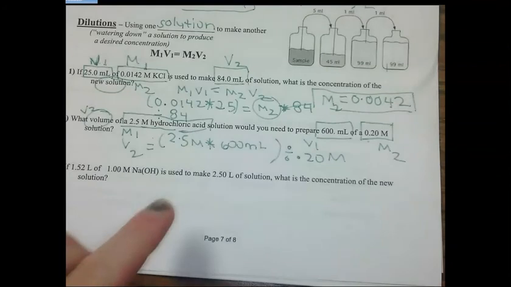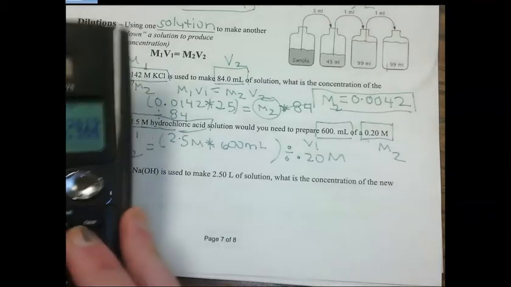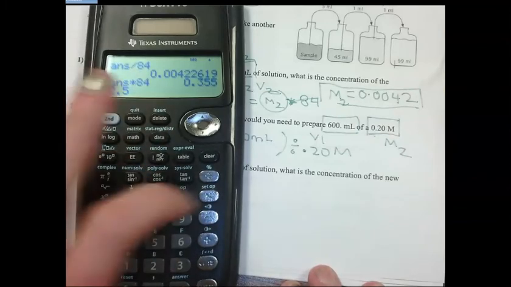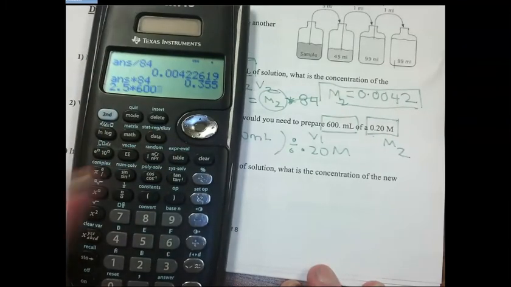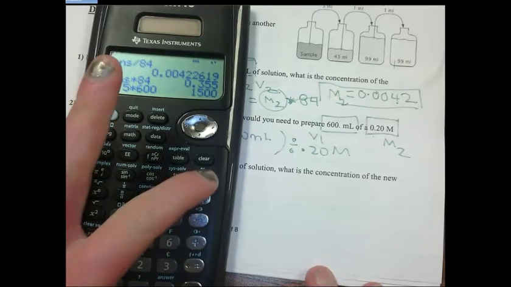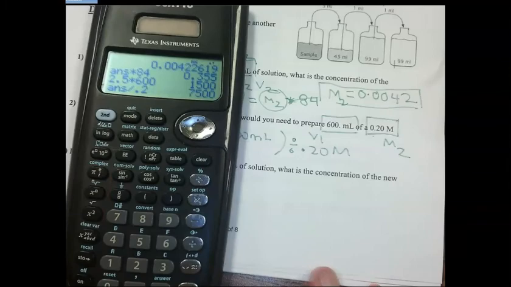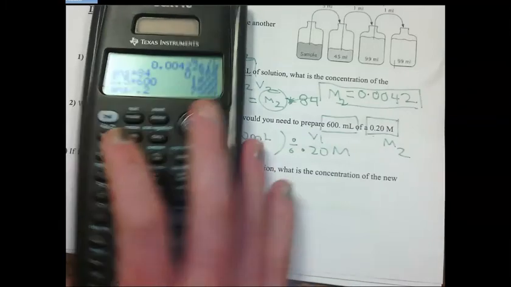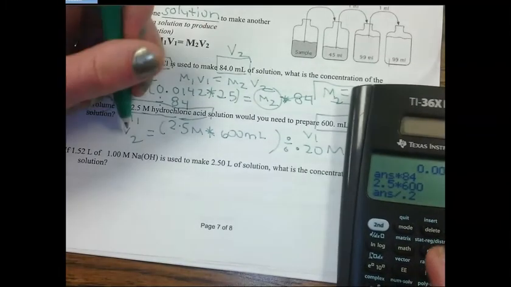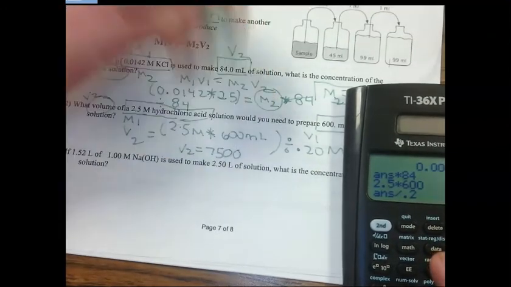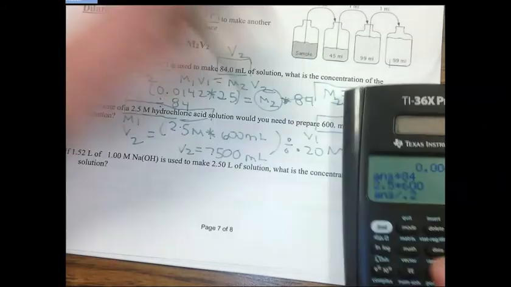So you can do it all in one step. I'm going to say 2.5 times 600, hit enter, and then divided by 0.2. So my answer is 7,500. My V2 is equal to 7,500 milliliters.